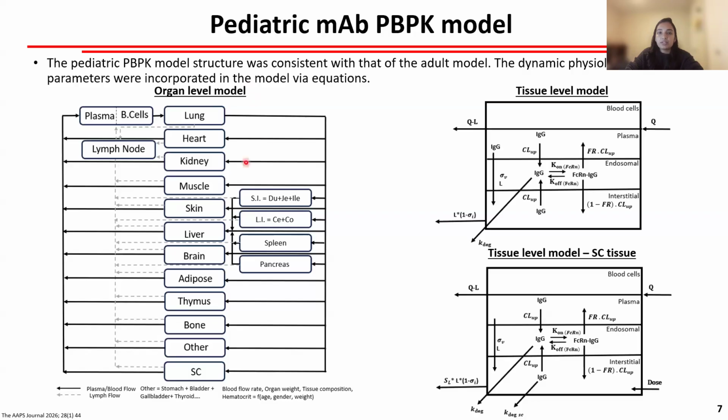Briefly, the model consists of 15 different tissue compartments, a blood compartment, a subcutaneous compartment for subcutaneous dosing, as well as lymph node compartment, which are all connected to each other anatomically via blood and lymph flow. At the tissue level, each tissue compartment is further divided into vascular, endosomal, interstitial, and cellular compartment. The vascular subcompartment is divided into a plasma and blood cell compartment.